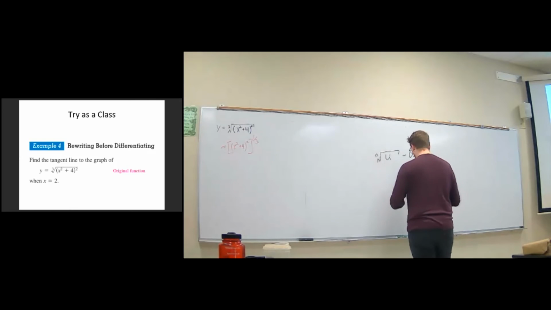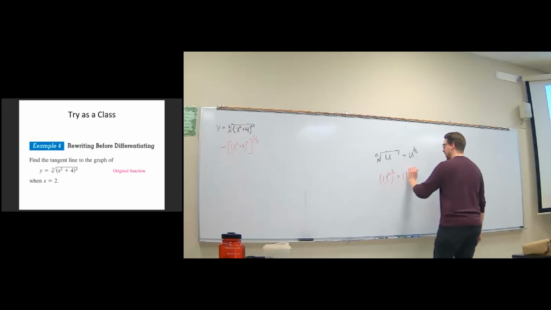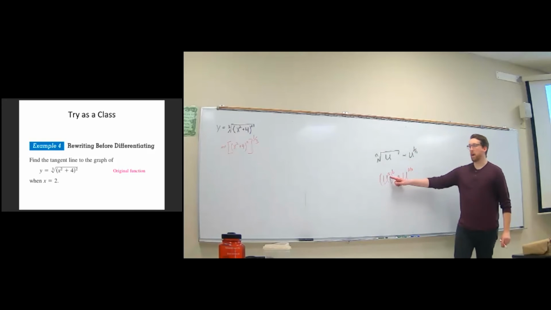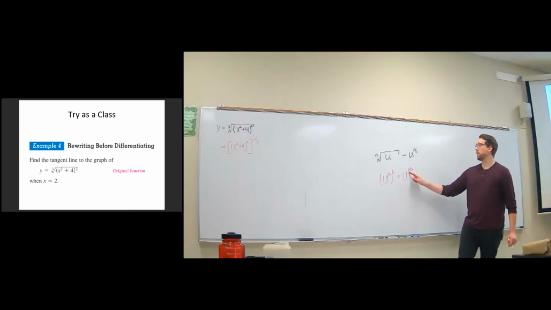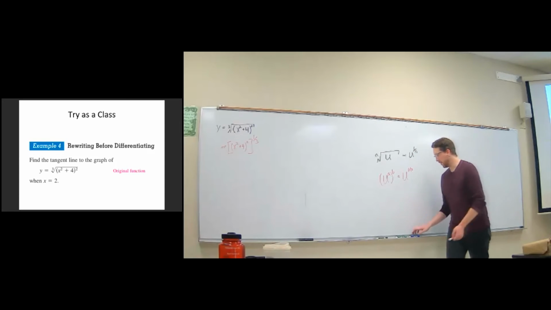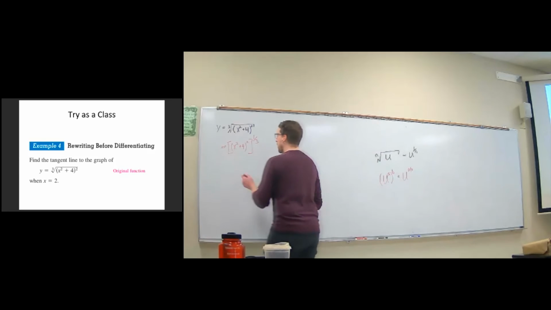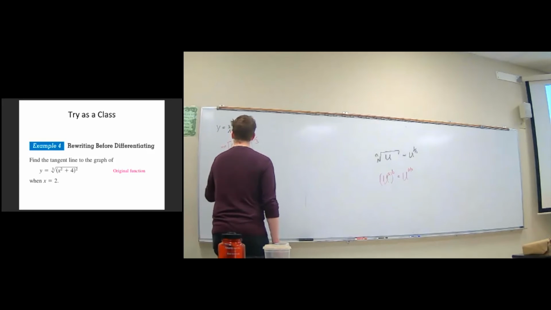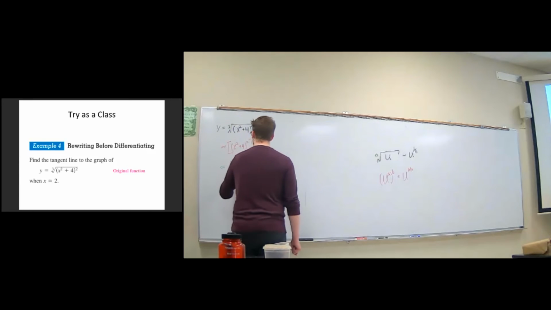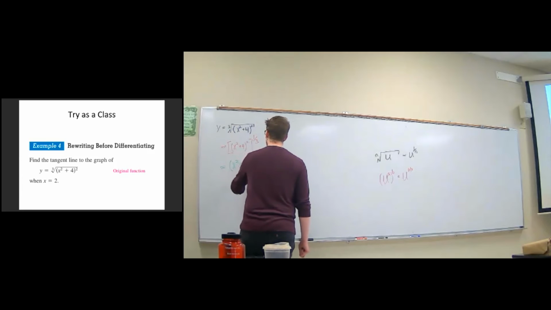Now, we're also going to use another property: a thing raised to a power, raised all to a power, is equal to that thing raised to the powers multiplied together. So coming over here, we've got x squared plus 4 raised to 2 over 3.